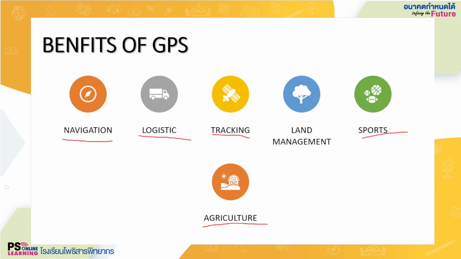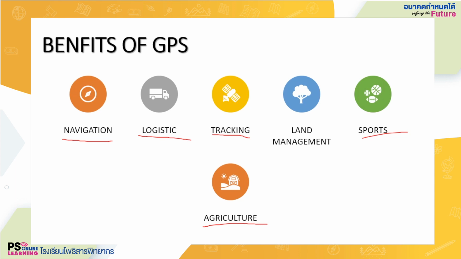The map tells them which area is growing which crops, which area is owned by whom, how much income they are able to make, and what has changed from the past until now, any development, any problems that occur. So it provides the information they need for management and planning policy to assist the agriculture sector of Thailand. The benefits of GPS are quite a lot and really significant in human life, especially Thai people's lives, because we now rely more on technology.